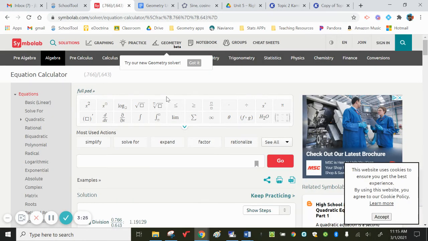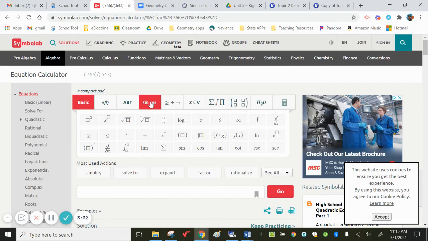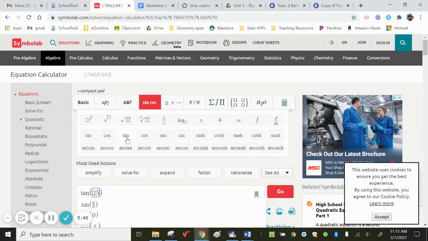So here I am over in the equation solver. If I click on the button that says full pad, then I can use this trigonometry function here, and that will allow me to choose any of the trig functions. The equation I want to write is the tangent of 25 is equal to x over 18.